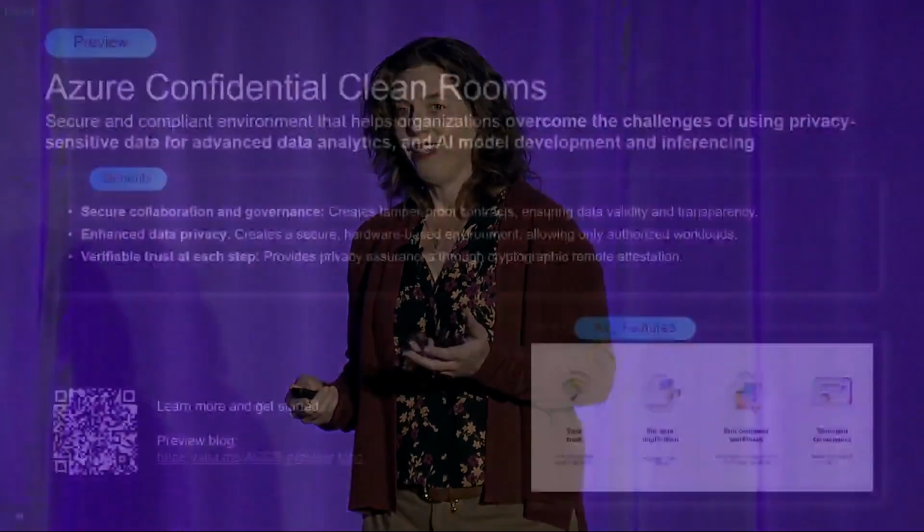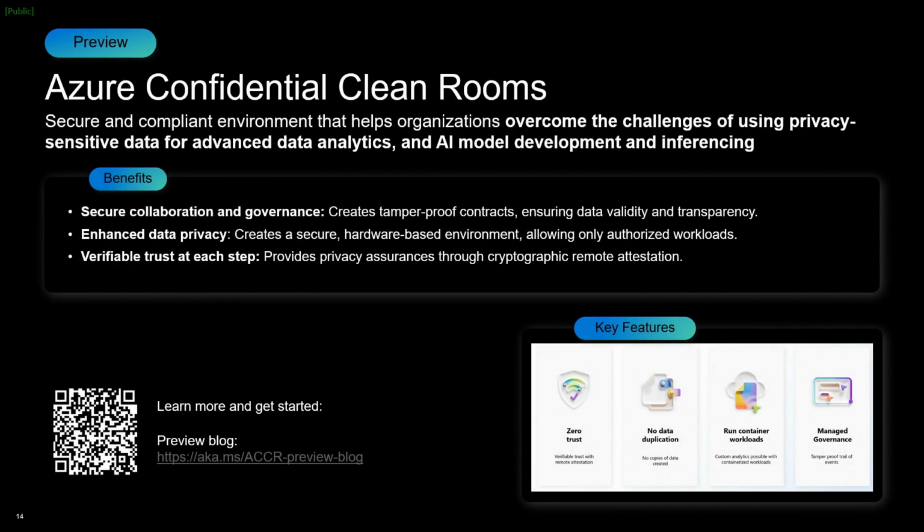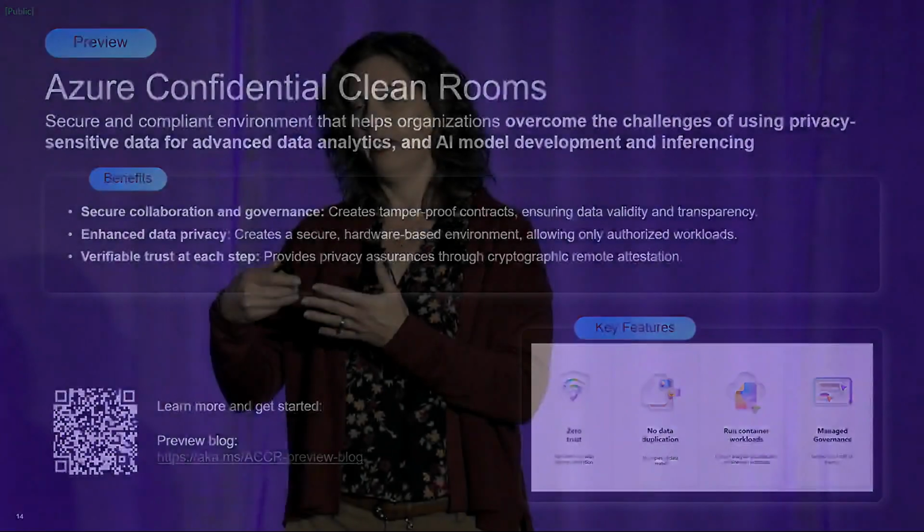The other announcement this week at Ignite was the confidential clean rooms. This allows for multi-party collaboration, where if one party wants to use data from another party, the party with the data can control how others have access to the data and can use the data. They create a contract, and then they create the clean room where the 2 parties can access the data, and sensitive information like PII and PHI data is protected, but others can get the insights.